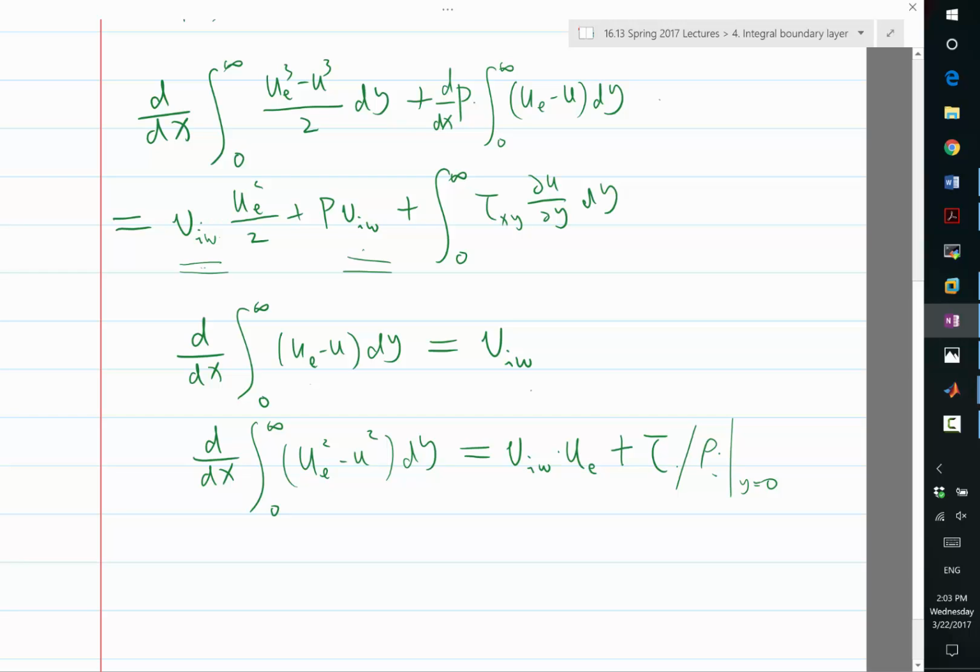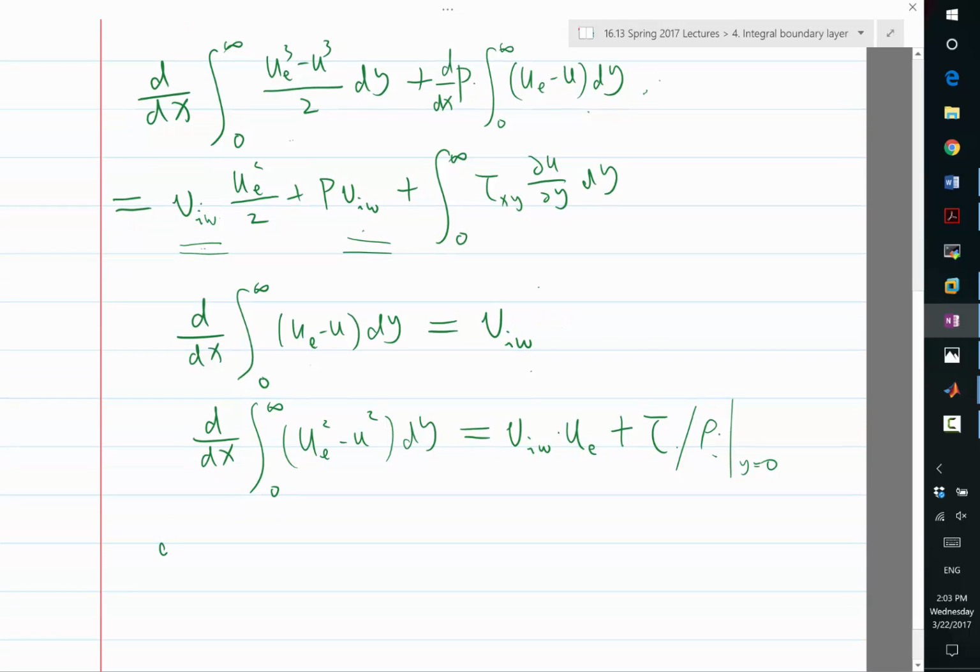Okay. So next we are going to combine these terms. So first let's get rid of this term. So what do we have to do here? We want to ultimately derive an equation that we can relate to the kinetic energy thickness, which is ue to the cube times 1 minus u square over ue square times u dy.